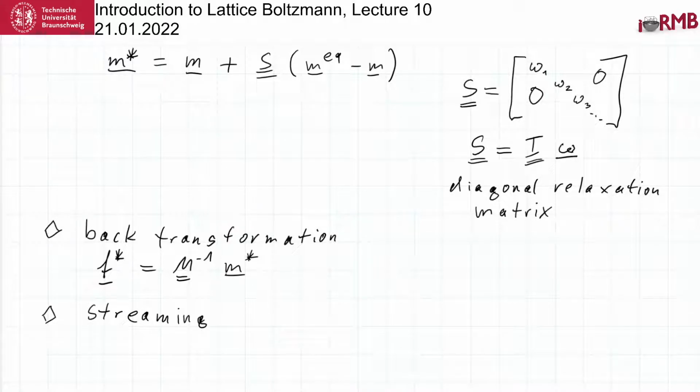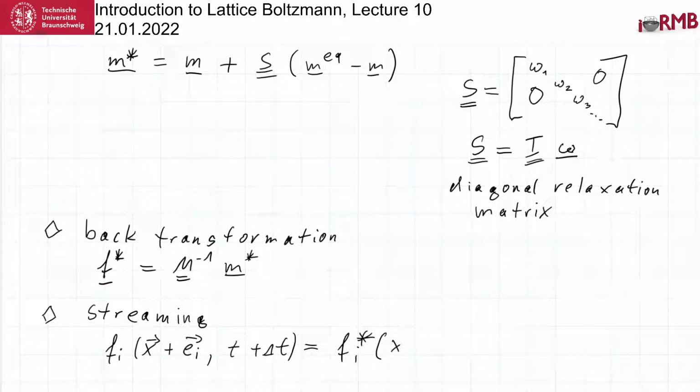So the streaming would be that Fi at x plus Ei, so this is the direction corresponding to the index i, in the next time step would be Fi, so this is the pre-collision state, is the post-collision state here at the location here and in the previous time step.